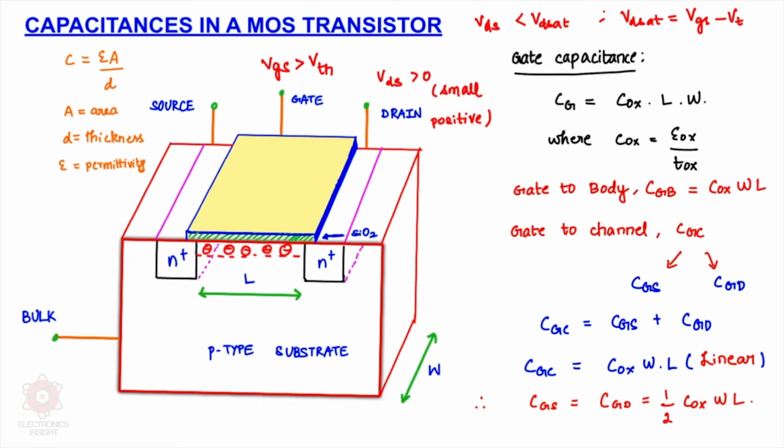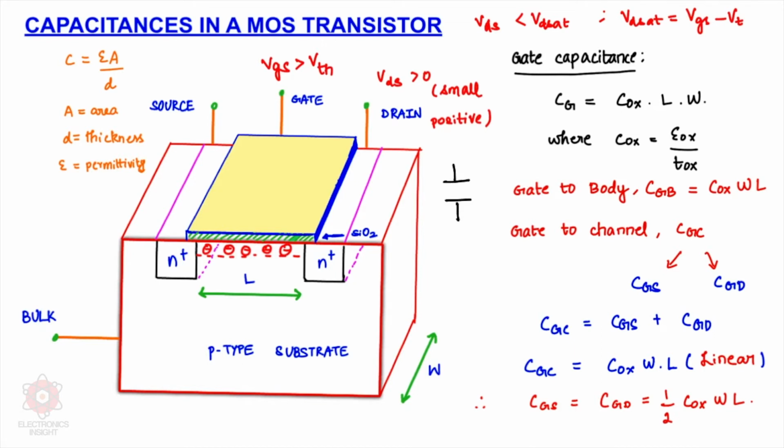Hence we have an inversion layer which forms as a channel between the source and the drain region. This inversion layer is a conductive layer, and the gate metal is also a conducting layer, and in between the two parallel conducting plates we have a dielectric medium, which is our insulator SiO2 layer, and hence this can be viewed as a parallel plate capacitor.